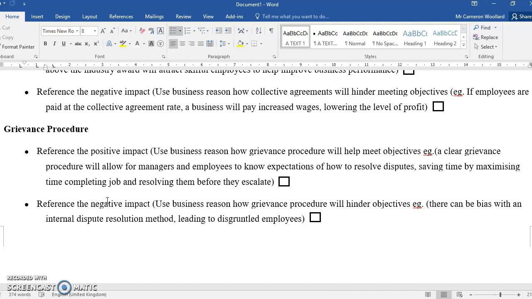If those strikes happen, automatically that stops work. That obviously results in less sales, less products being made, lowering our profit overall, impacting our ability to meet our business objectives.